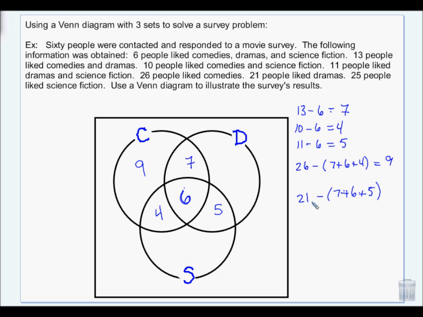So that's 21 minus 18. So that's 3. 25 people like science fiction. So that's 25 minus 15. So that's 10.